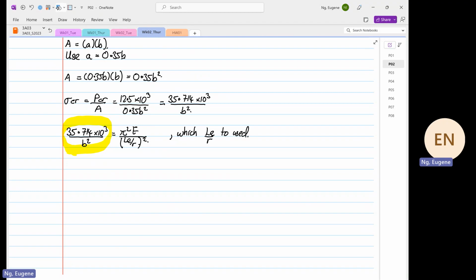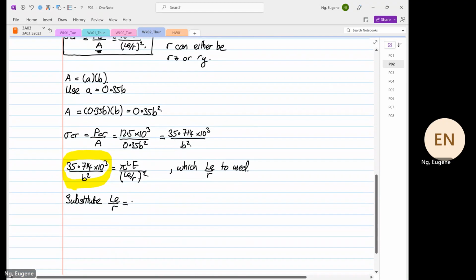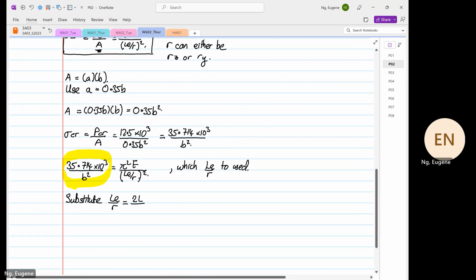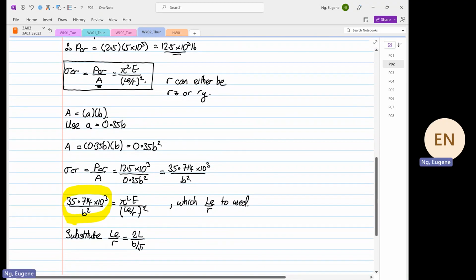Okay, so we're going to substitute LE over r, which is equal to 2L over b square root 12.